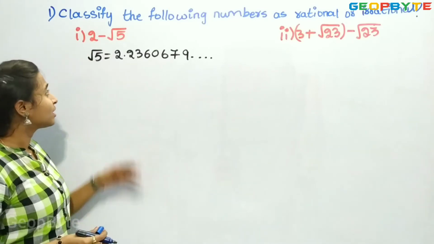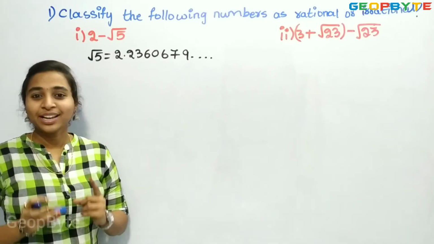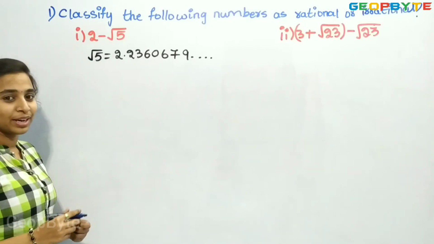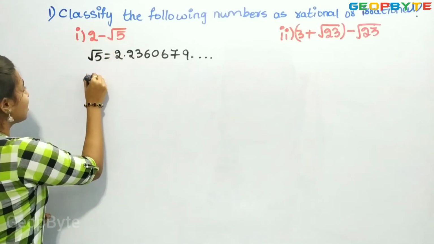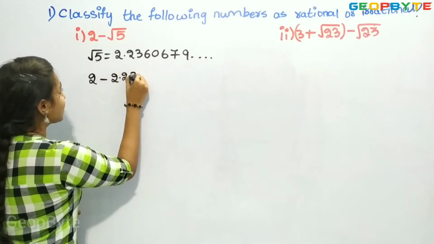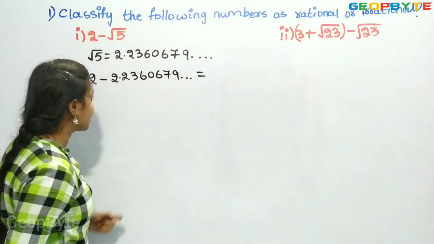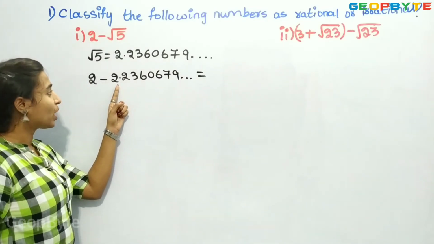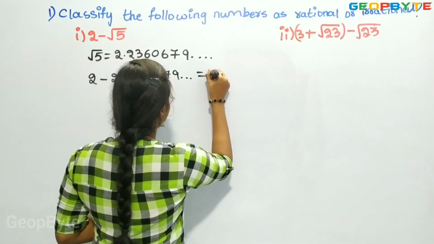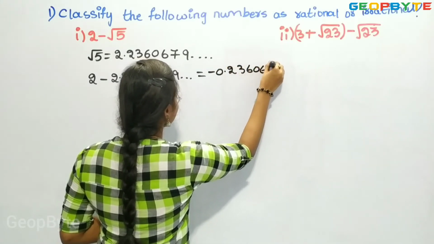By seeing root 5 value itself, we can say that it is a non-terminating, non-recurring decimal. So if we substitute in root 5's place, we get 2 minus 2.2360679 and so on, which gives you minus 0.2360679.